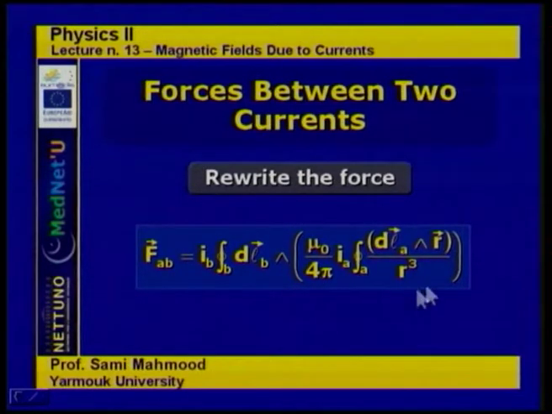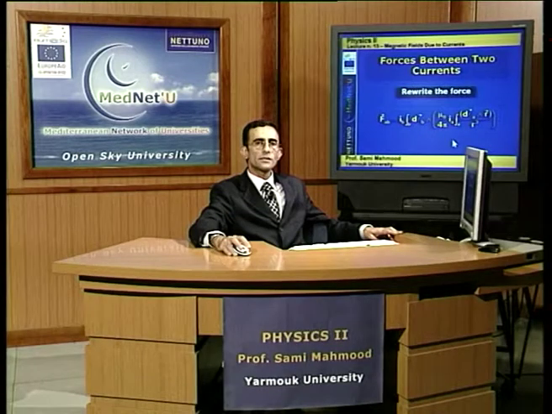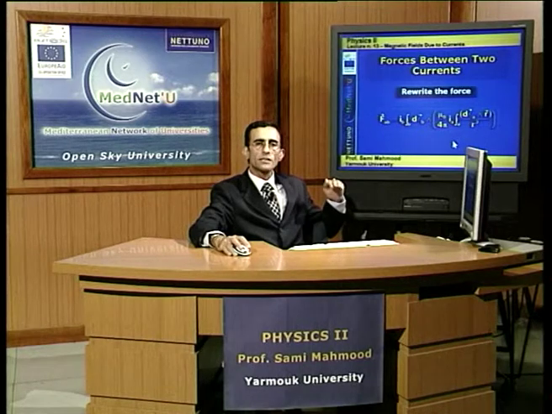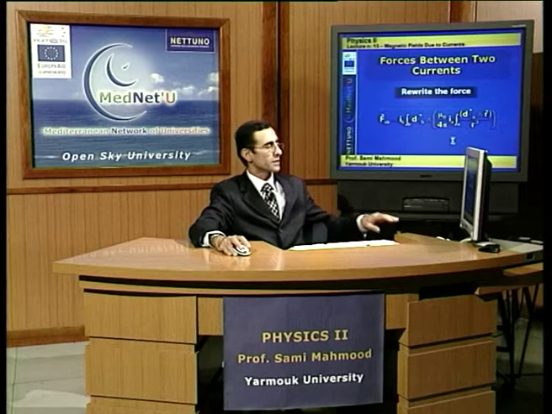That gives the field produced by loop A. And then the force that loop A exerts on loop B is simply IB times the integral over B of dLB cross this field produced by loop A. This is a general form that is applicable to any shape and any current carrying conductor.